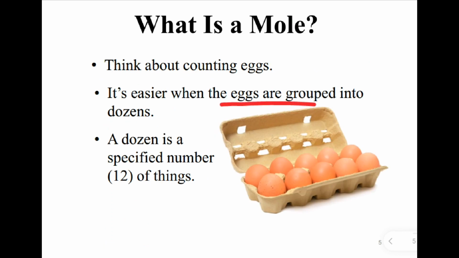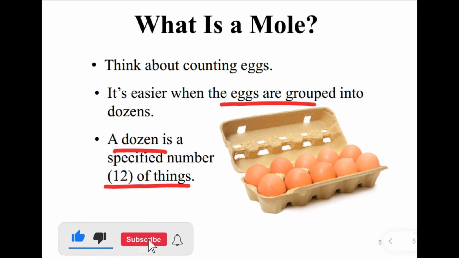ስለዚህ in a similar way think about counting eggs and it's easier when the eggs are grouped into dozens. ስለዚህ አሁን ለምሳሌ ለመቁጠር ስንፈልግ የሚቀለው ምን ሲሆን ነው? በግሩፕ ቢሆኑ ነው ማለት ነው። a dozen ስንል 12 of anything ማለት ነው። ስለዚህ ደርዘን ማለት 12 of anything እንቁላል ሊሆን ይችላል፣ pencil, you name it.